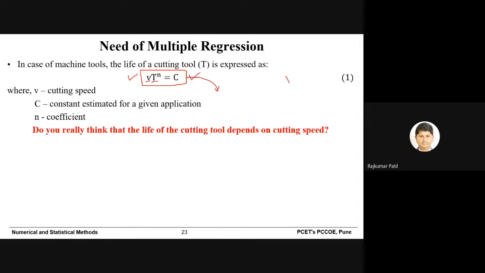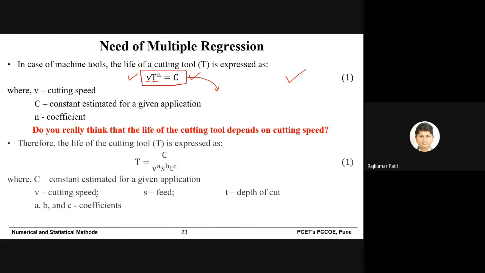Now we use this equation very commonly, but do you really think that the life of the cutting tool depends only on the cutting speed? The answer is no, and the correct equation could be equation number 2.